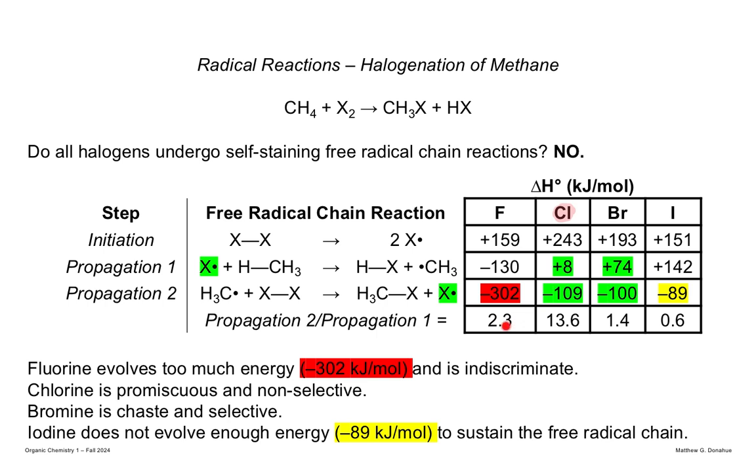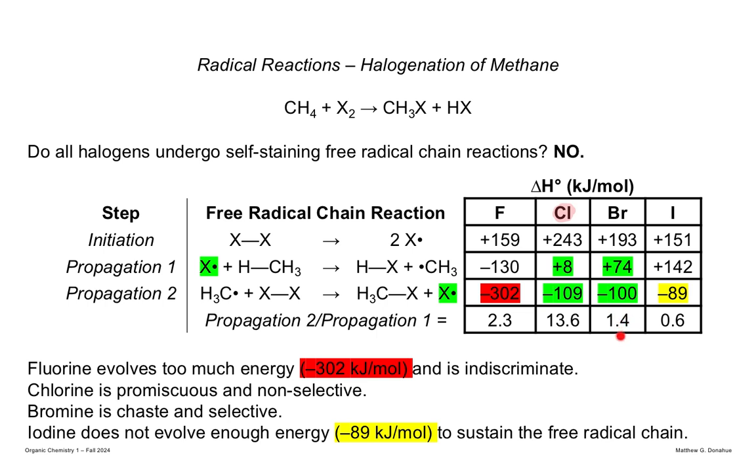So fluorine, it's like the Goldilocks porridge here. Fluorine is too much, iodine's not enough. And then chlorine and bromine are really the ones we're going to talk about. So chlorine is said to be promiscuous and non-selective because that amount of heat really will not discriminate between primary, secondary, and tertiary.